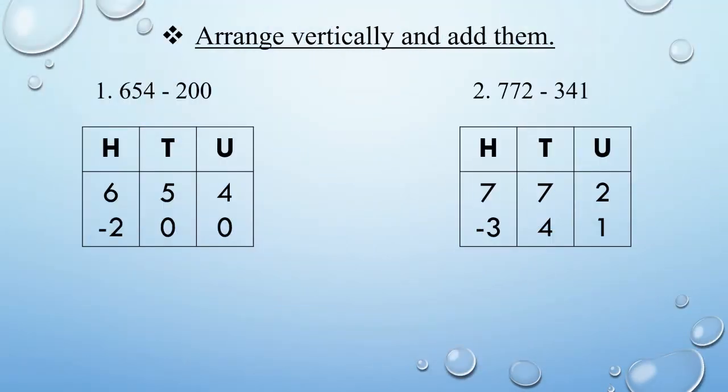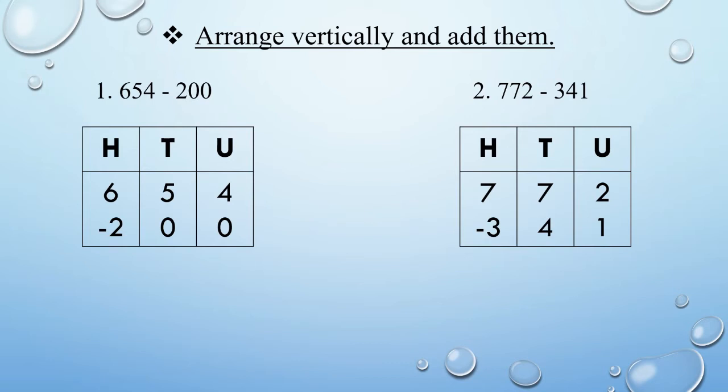Students, here is the next one. Arrange vertically and subtract them. 654 minus 200. First we will arrange them vertically and write them like HTU.